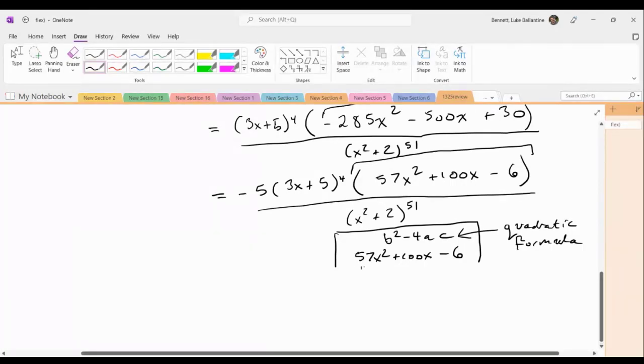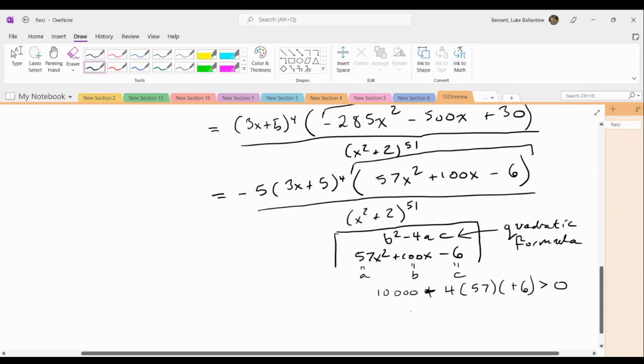So this is like A, this is like B, and this is C. Just the numbers, you don't have to do the x. So 57 is A. We'll do B squared. That's 100, well, that's 10 squared, so that's 10,000, minus 4 times A times C. Well, this is definitely greater than 0.